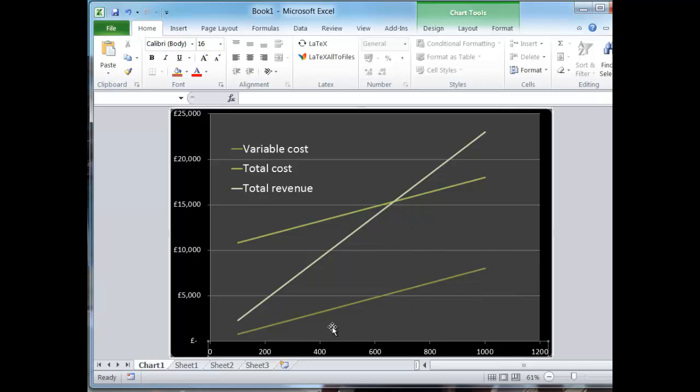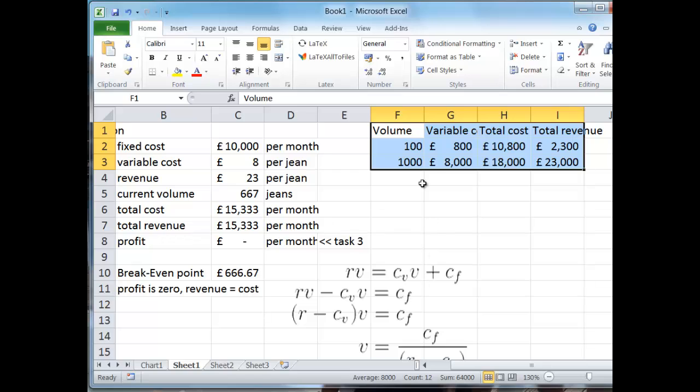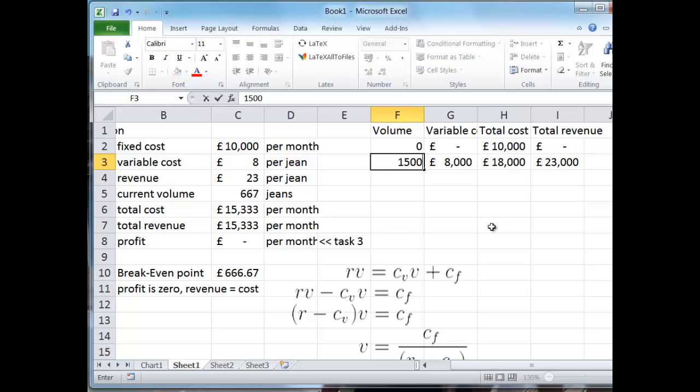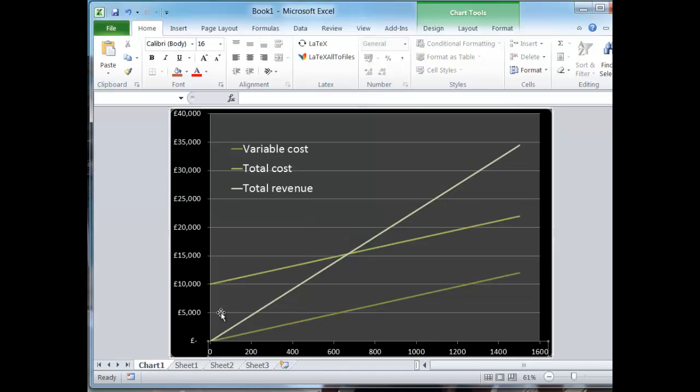So let's change the data a bit and say, okay, we actually start at 0 and we go to, let's say, 1500 genes. Okay, this is immediately reflected in our graph. So here we had the variable cost, then plus the fixed cost of the 10,000 pounds, the total cost now.